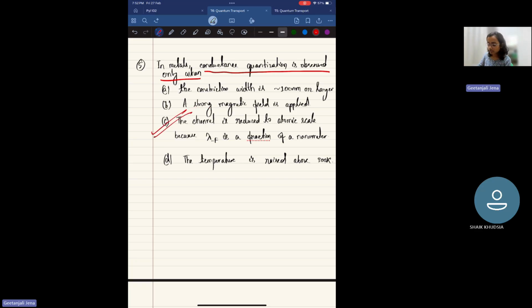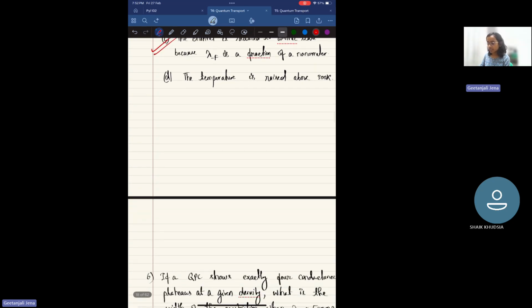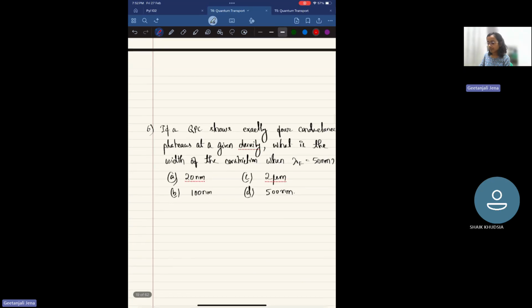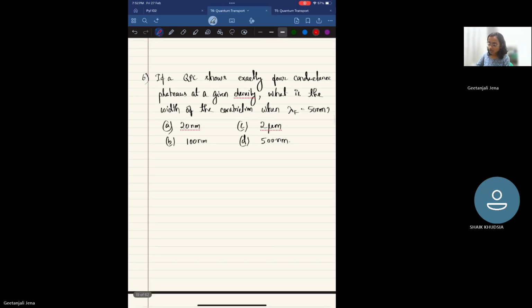Yes, this is correct. Lambda F is on the order of a nanometer, and to see the quantum ballistic regime where quantization happens, we have to have the channel width on the order of atomic dimension.